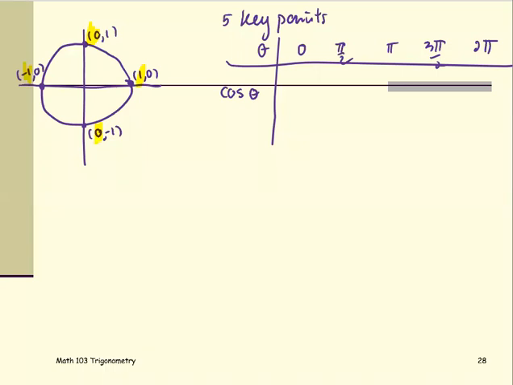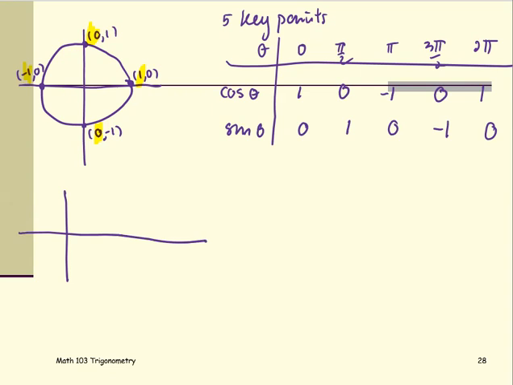So we have the number for the angle 0 being 1, and then 0, and then negative 1, 0, and back to 1. For the sine function, it is the second coordinate, which is 0, 1, 0, negative 1, and 0. That's how we come up with the graph of the cosine function at those 5 key points.